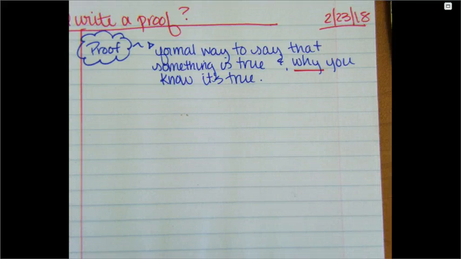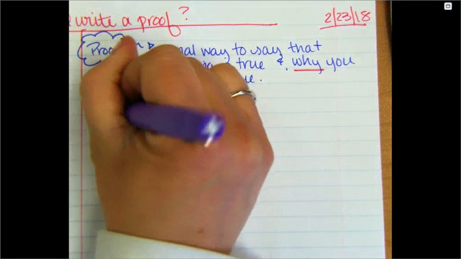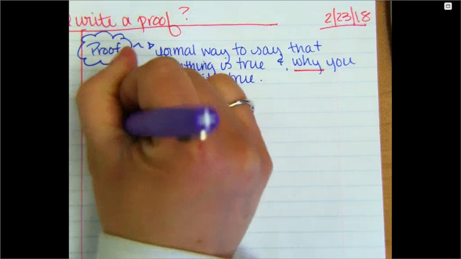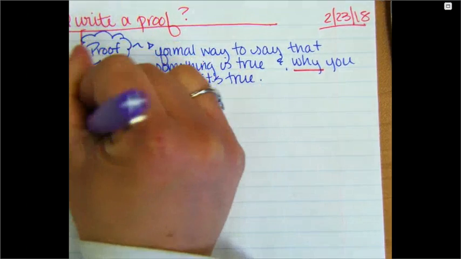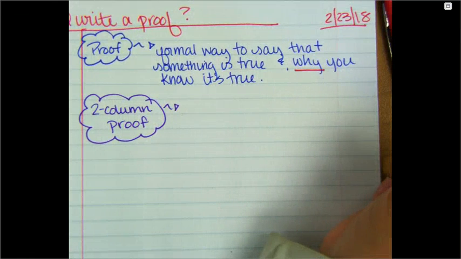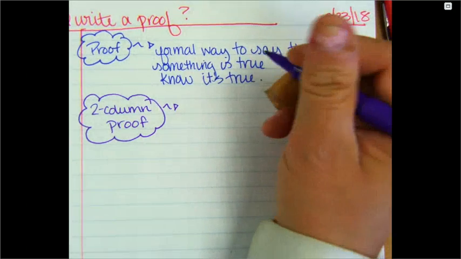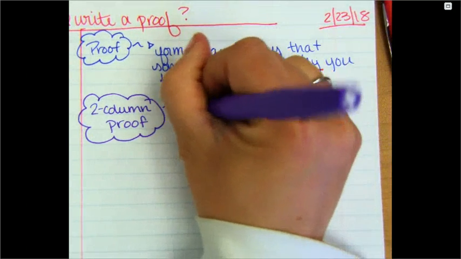Okay? Now there's different ways to prove things. There's a paragraph proof, there's a two-column proof, there's a flow proof, but there's different ways to prove things. We're going to deal with a two-column proof. Now when you do a two-column proof, you're given some information.